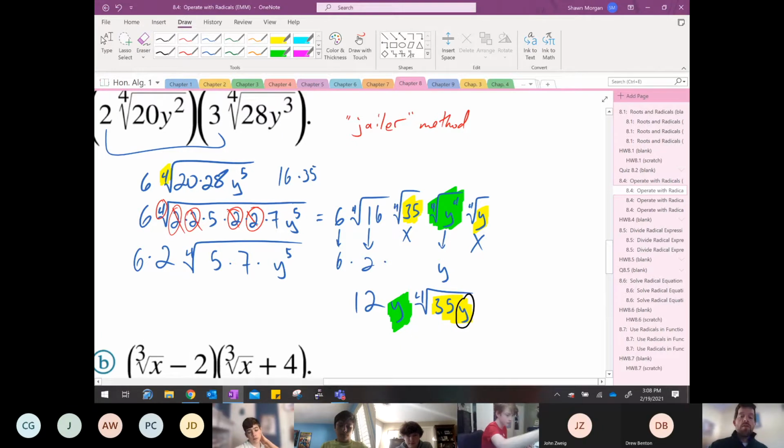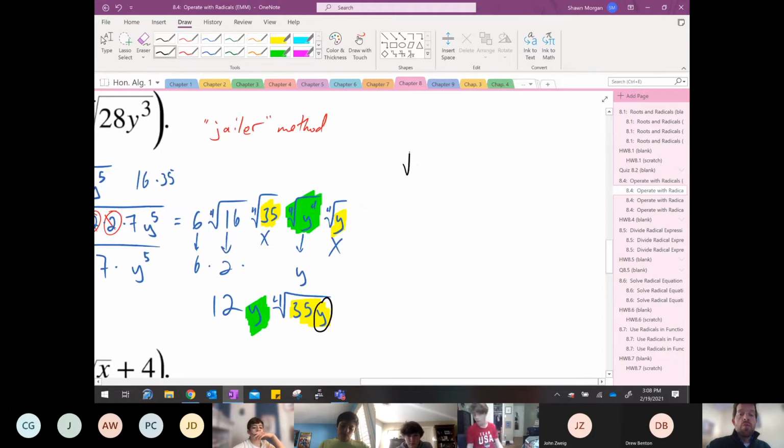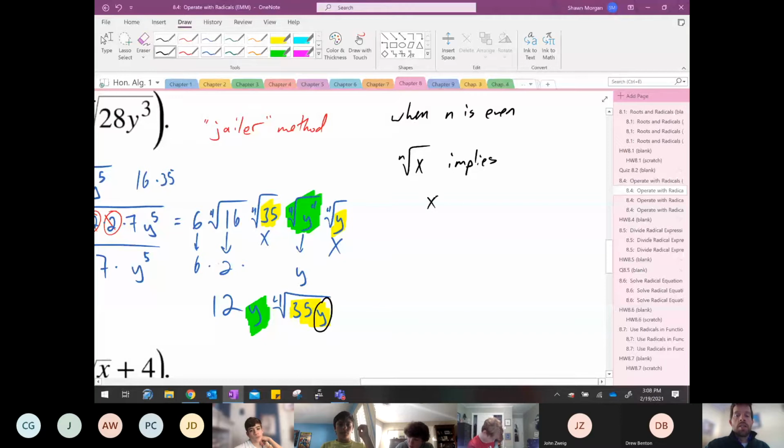One of the things that you guys need to know is that you cannot take an even root of a negative number. So for an nth root where n is even, that y being still in the radicand implies there's a domain restriction that y is non-negative.